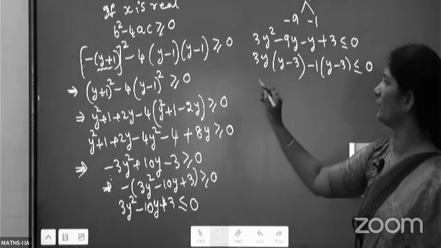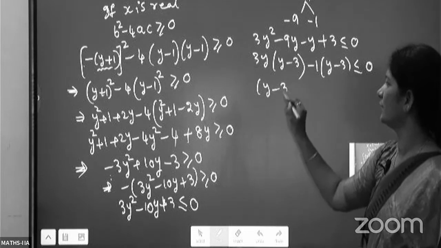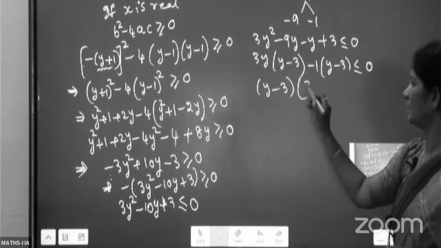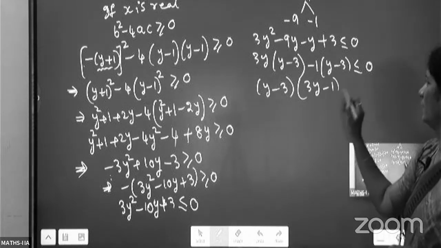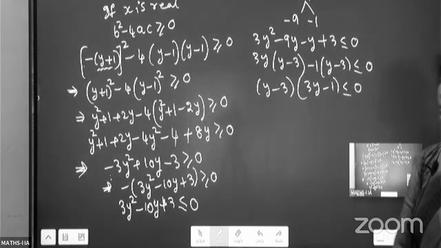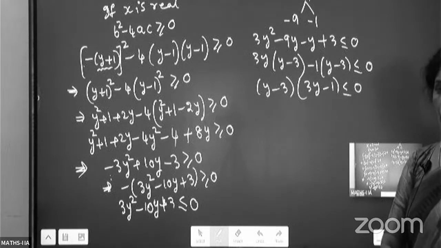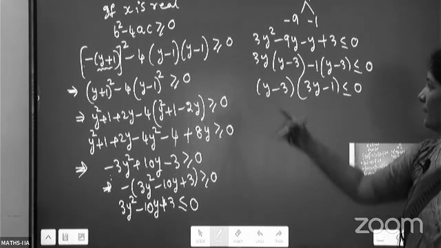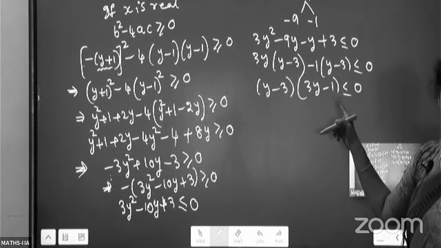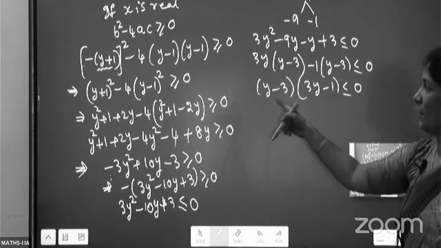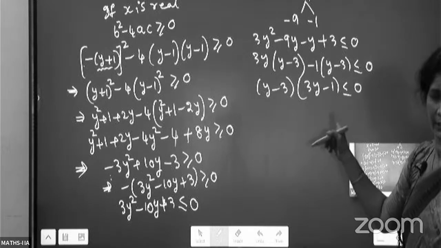Again, both of them, what is common? Y minus 3. And what is left? 3y minus 1 less than or equal to 0. So here we are getting two factors. What are they? Y minus 3 and 3y minus 1. So what are the y values? One is 3 we are getting, one is 1 by 3 we are getting.